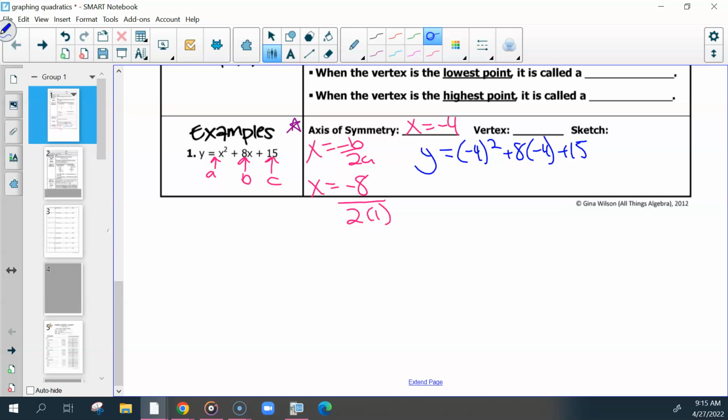You can either do that by hand or put all of it in your calculator at the same time. Someone tell me what your y value is. Negative what? I don't believe that is 1. So then we would use the x and the y value we're given, put those together in an ordered pair, negative 4, negative 1.